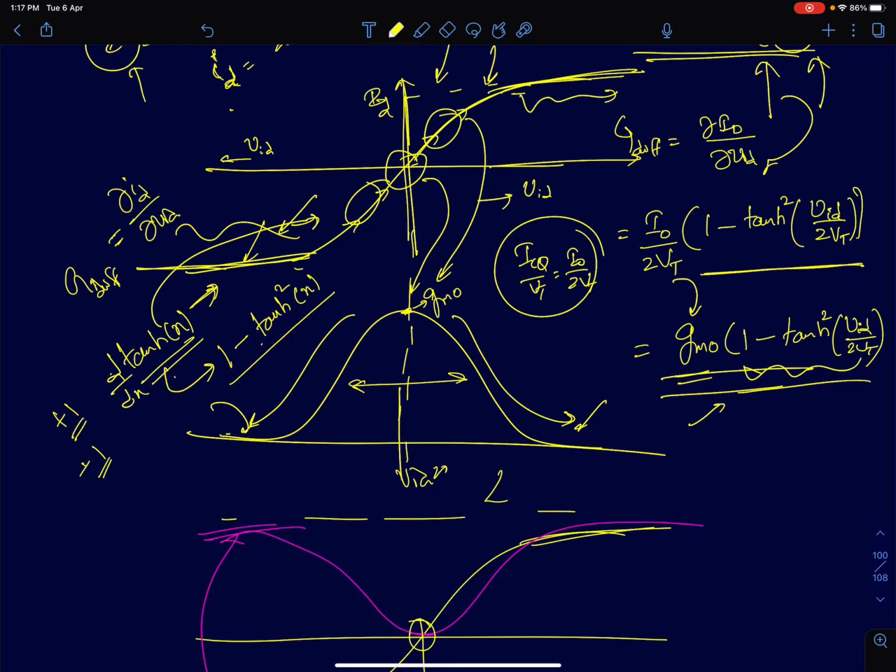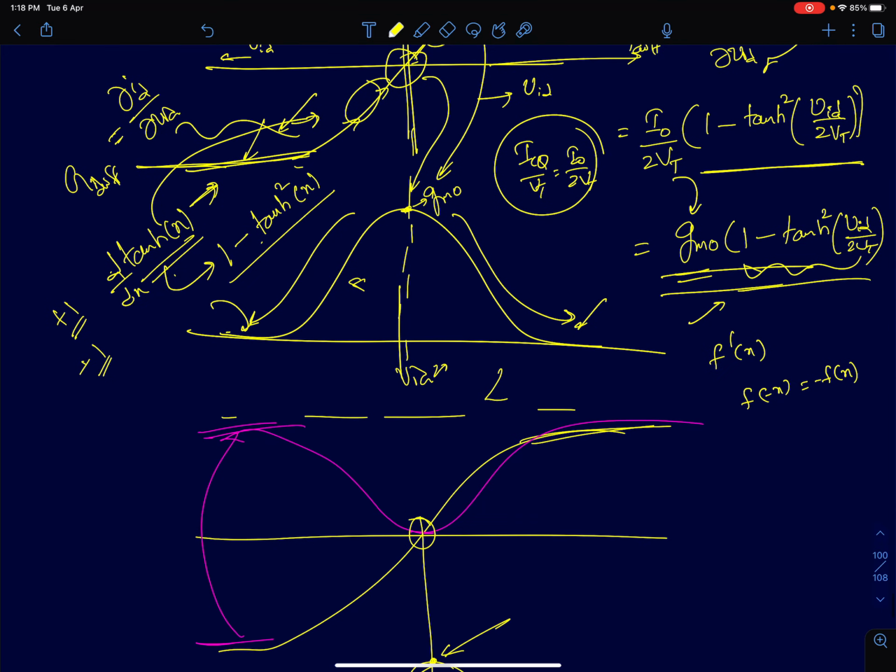And since it's an odd function, f of minus x will simply be equal to minus of f of x. So if you compute f dash of minus x, you will get minus of f dash of x.